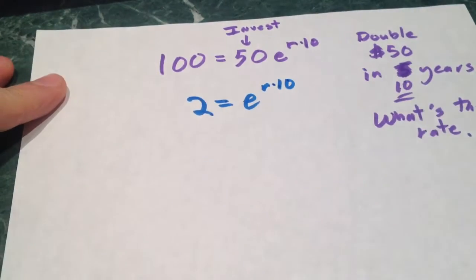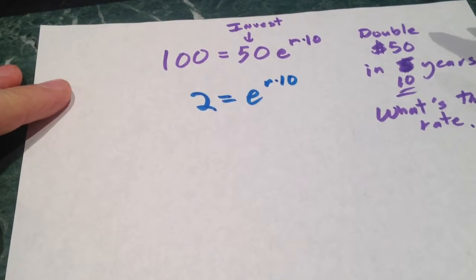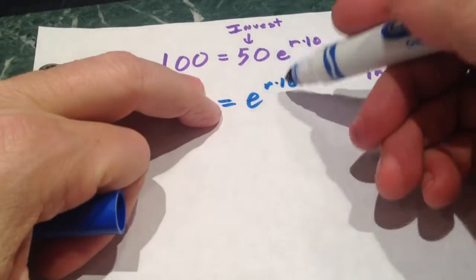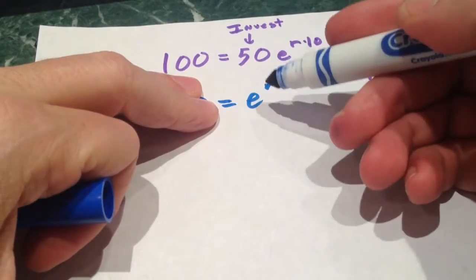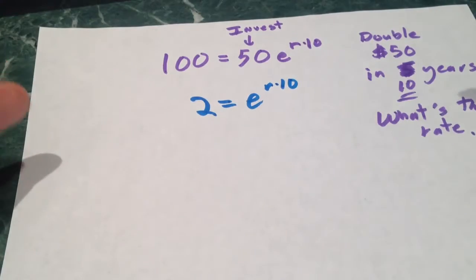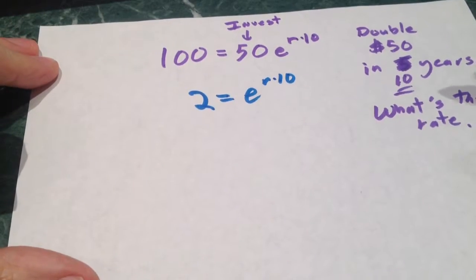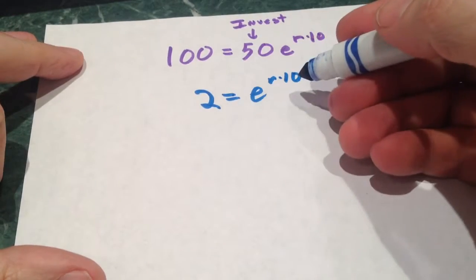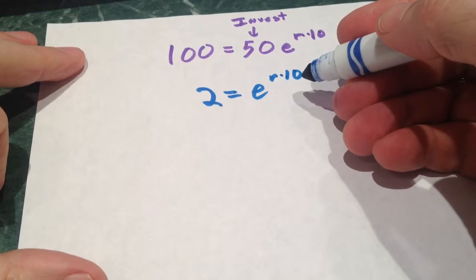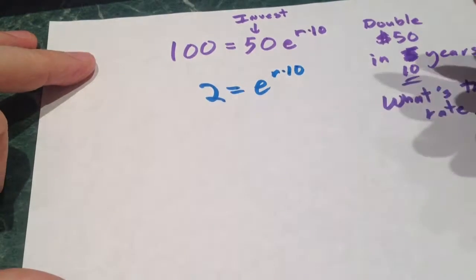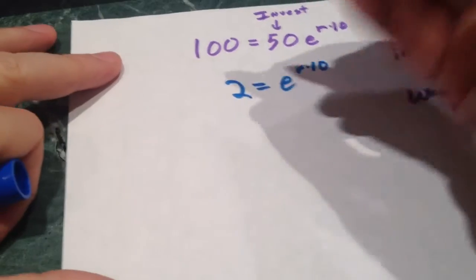This is where you have to know something about logarithms, or I guess if you wanted to, you could put this in your calculator, and if you've got a calculator that does tables, you could find where it's equal to 2. But there are a couple of ways to do this. I'm going to take the natural log of both sides because those are inverse functions.